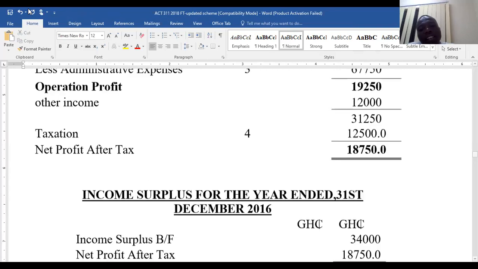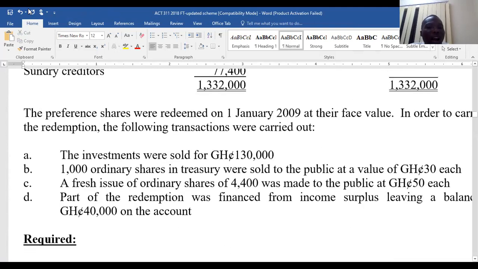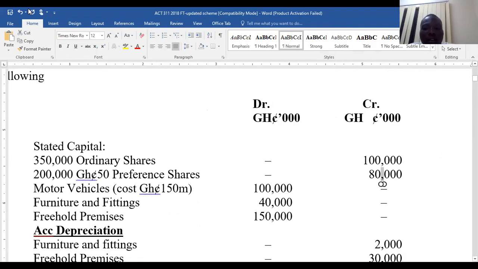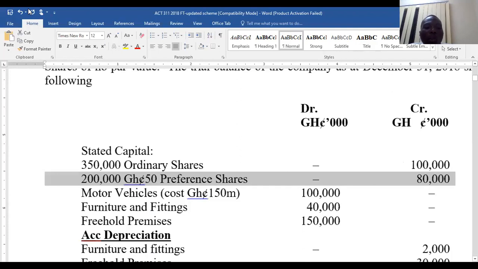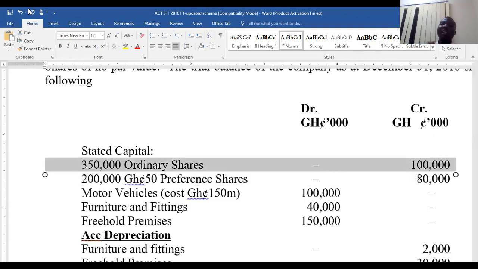Ordinary shares in the question was 100,000, and preference share is 80,000. So under stated capital, you have ordinary share 100,000 and preference share 80,000.